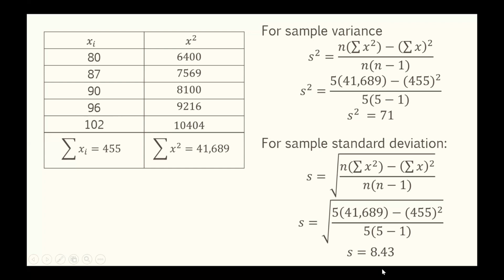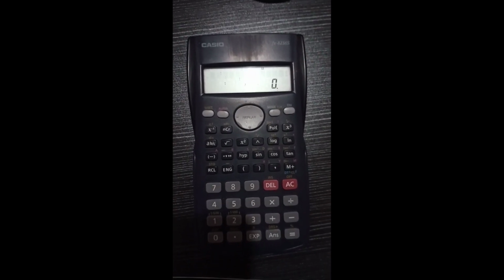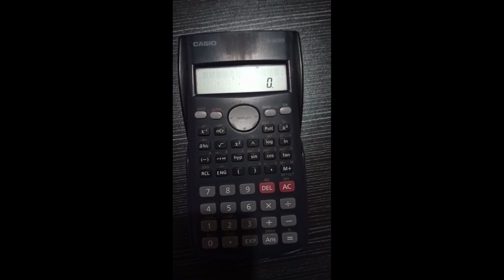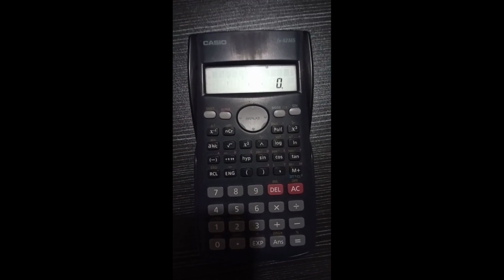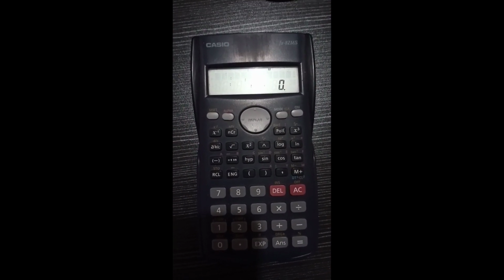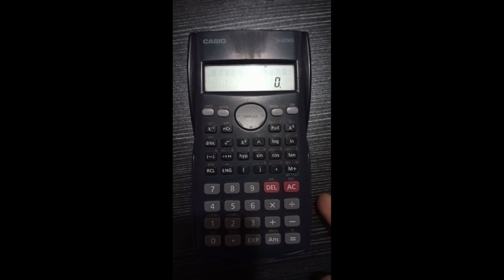Whether you use formula number 1 or formula number 2, pareho lang dapat yung sample variance and sample standard deviation. Either of the two. In the activity part, kung ganito naman yung calculator na gamit mo, using formula number 2 sa numerator, numerator na muna yung uunahin natin kasi para hindi ka masyadong mahirapan kung ganito yung gamit mong calculator.